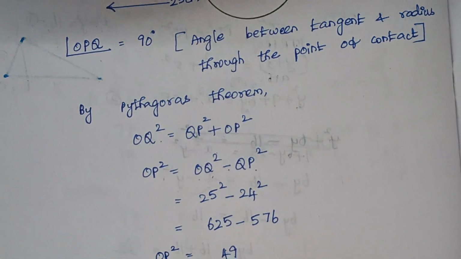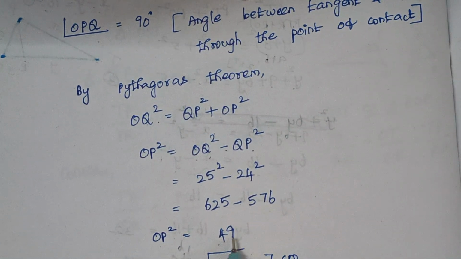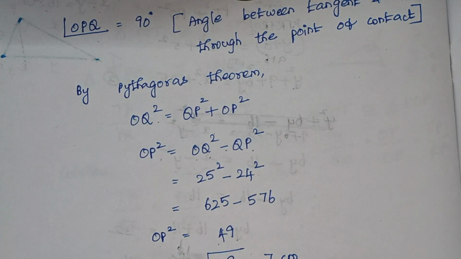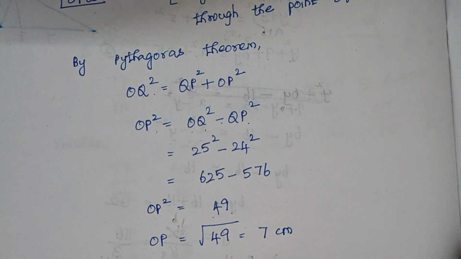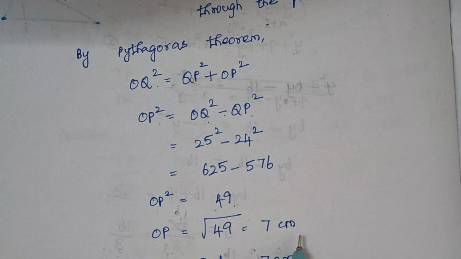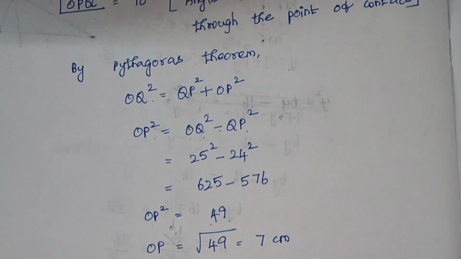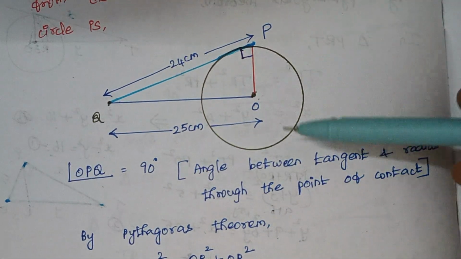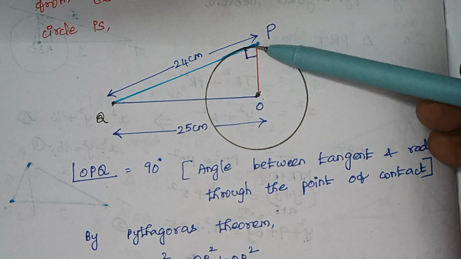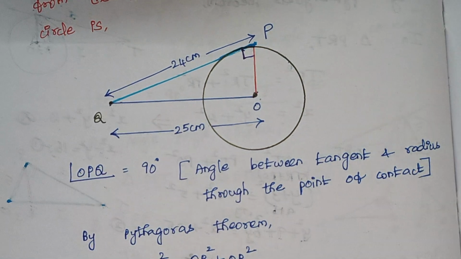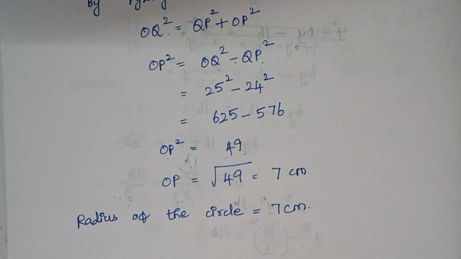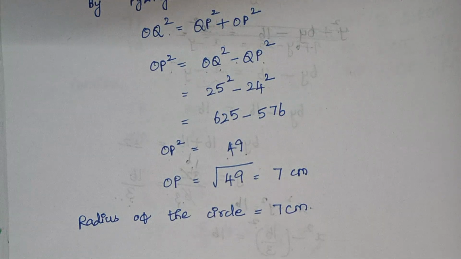The value of OP square is 49, so OP is square root of 49, which is equal to 7 centimeter. When you look at this diagram, this OP is nothing but the radius of the circle and its value is equal to 7 centimeter.